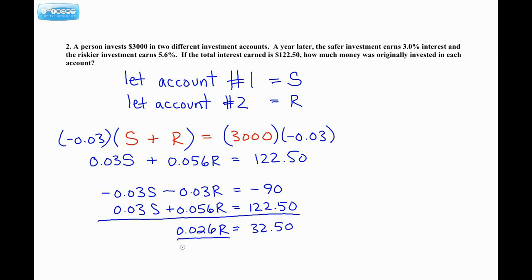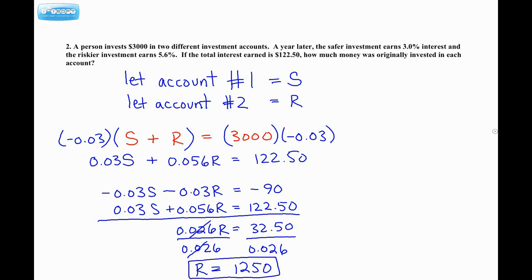And we'll finish off. We'll divide both sides by this ugly coefficient. And I get R is 1250. So that is how many dollars was invested in the riskier account.